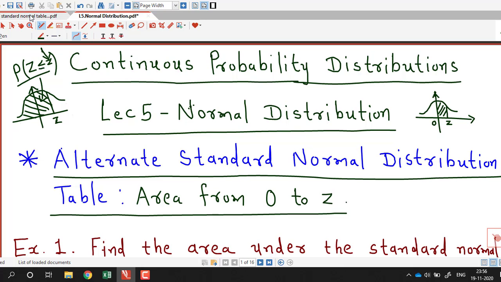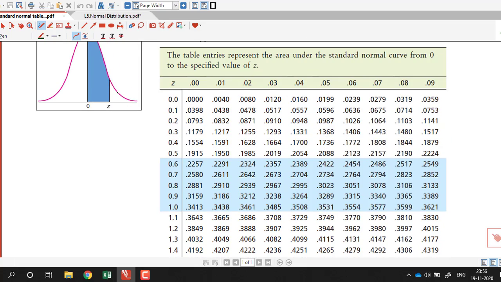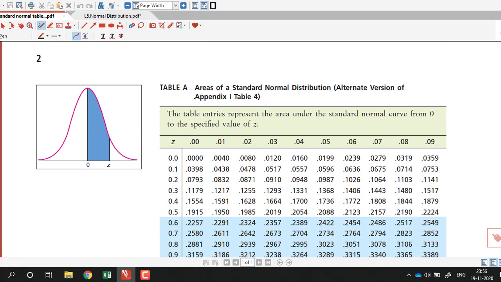Before that, let us have a look at the table which gives us the areas from 0 to z. You can see here, this is the area from z equal to 0 to some specified value of z. This area is nothing but the probability that capital Z lies between 0 and z.